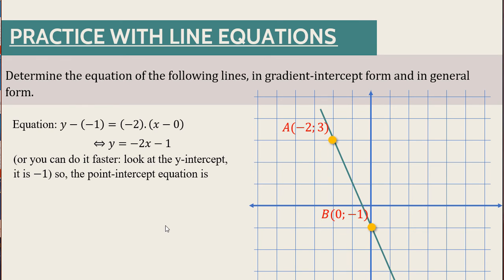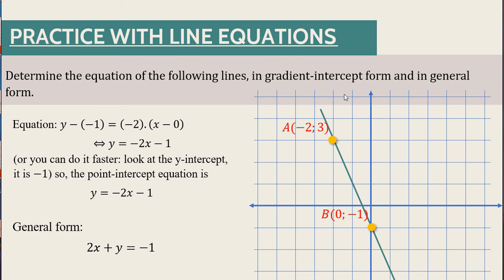So the gradient intercept equation is y equals -2x minus 1, because the -2 here is the gradient and the -1 here is the y-intercept. And from the gradient intercept form, we can easily transform it into the general form 2x plus y equals -1. Have you got it?